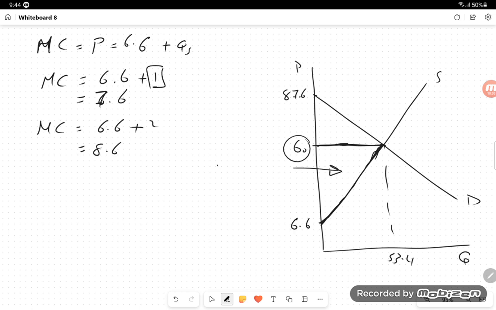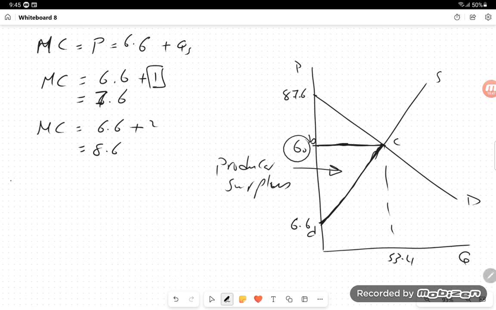So this is producer surplus. Say for example area BCD. So area of triangle BCD represents producer surplus.